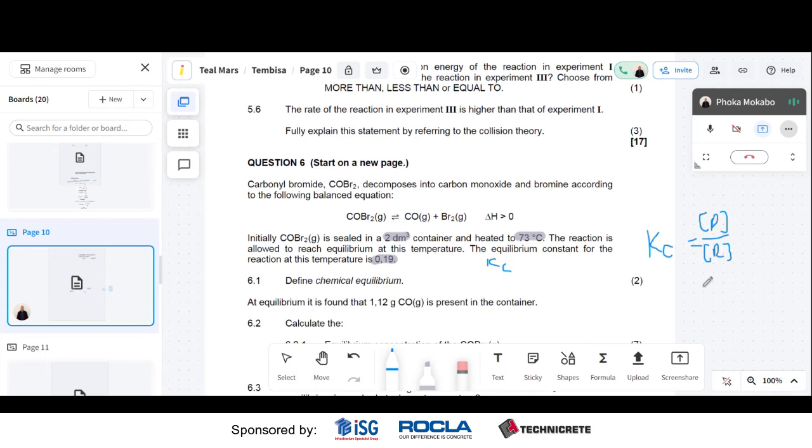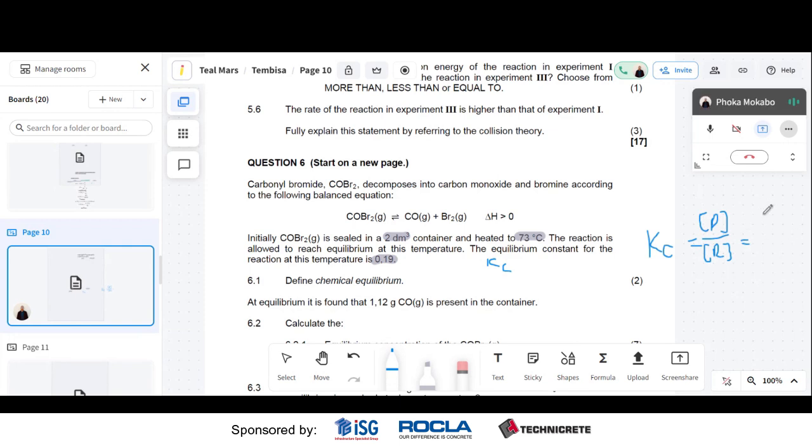Now, when given a value that is smaller than 1 but greater than 0, it would therefore mean that our denominator is greater than our numerator, or the concentration of our reactants is greater than the concentration of our products. Keep that in mind.